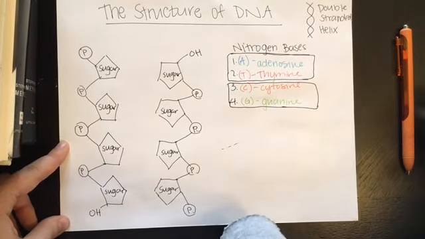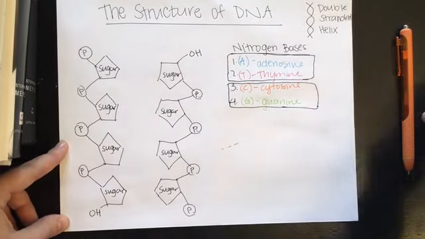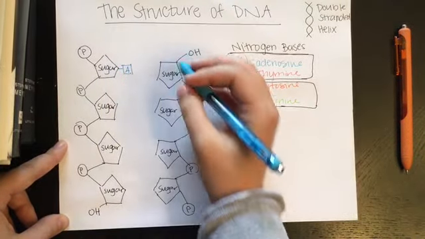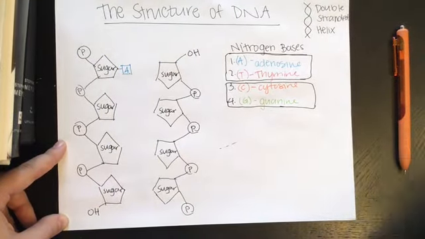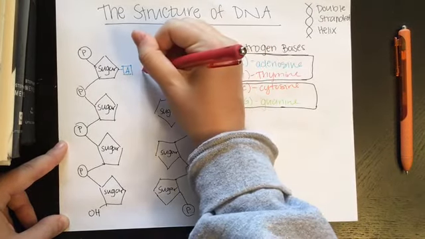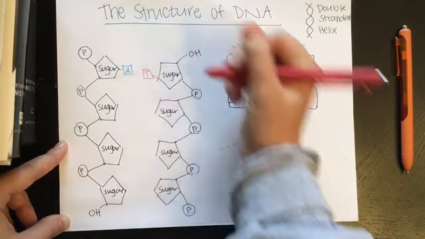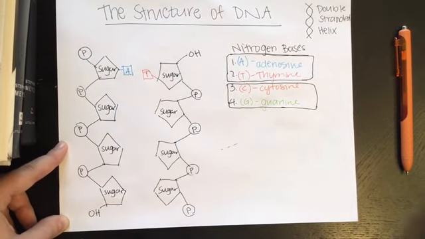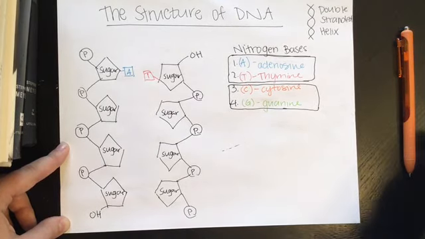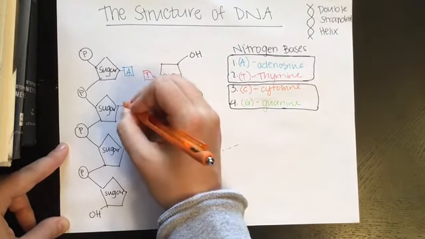So let's draw these out. So let's draw an adenine here, and then that connects with thymine. And then we'll draw our cytosine and our guanine.